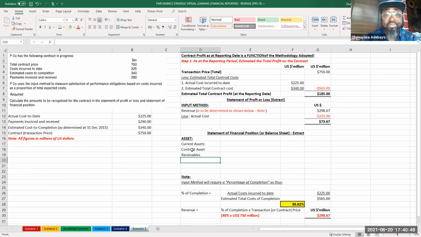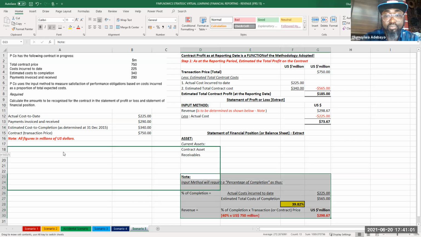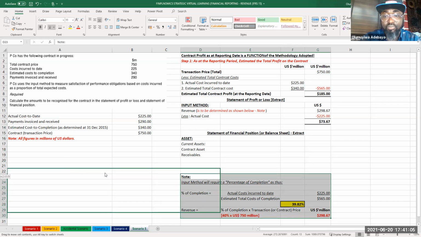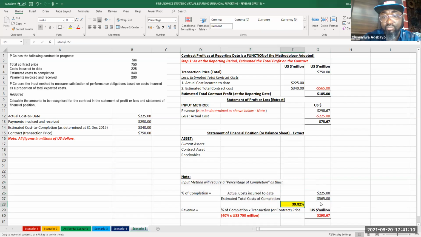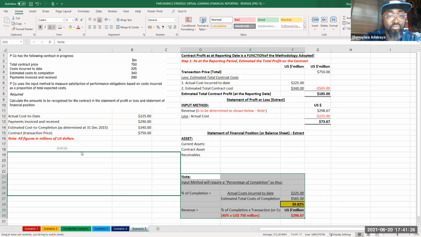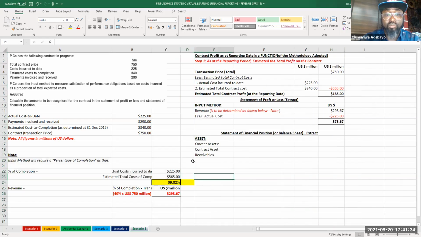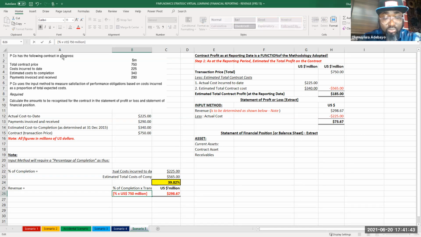I'm putting them in order of permanence. And in current liability, let me put this note here. Let me write the actual amount, 39.82%.